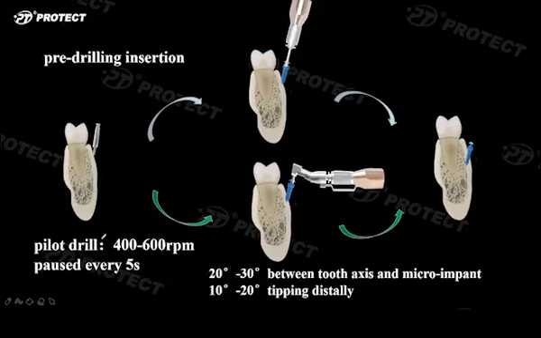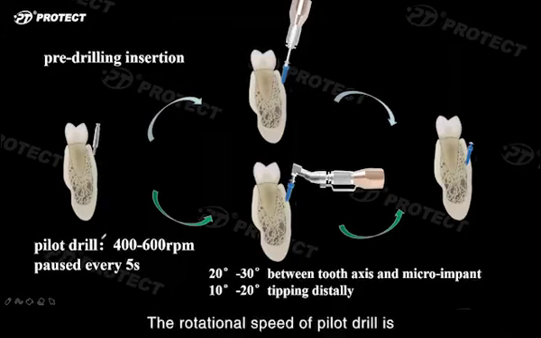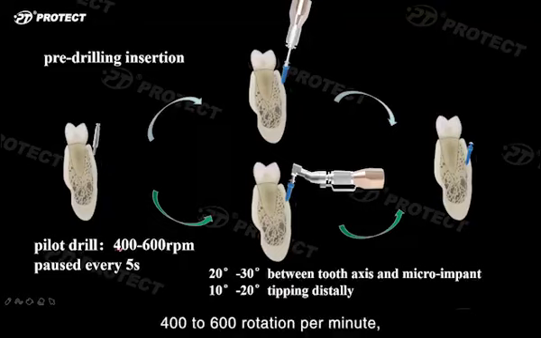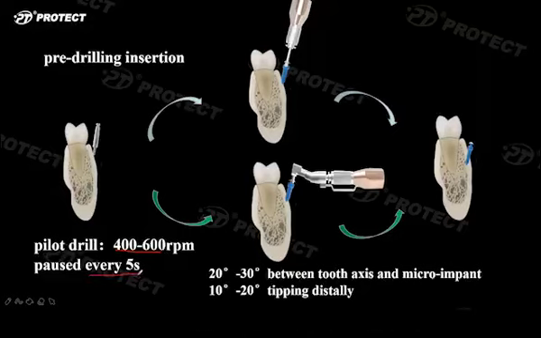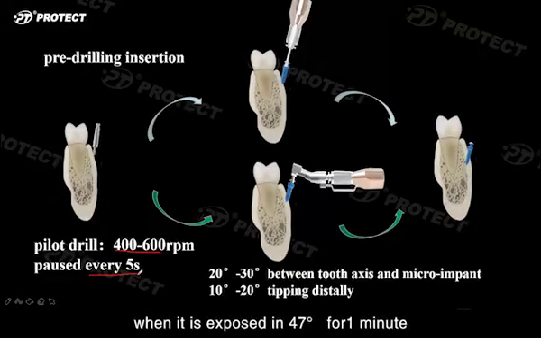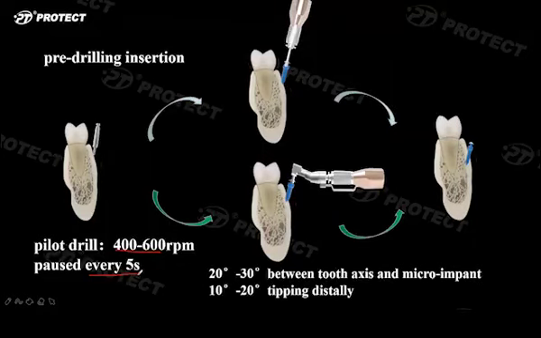The rotation speed of the pilot drill is 400 to 600 rotations per minute, and it should be paused at intervals. Necrosis of bone tissue occurs when it is exposed to 47 degrees centigrade for 1 minute, according to the documents.